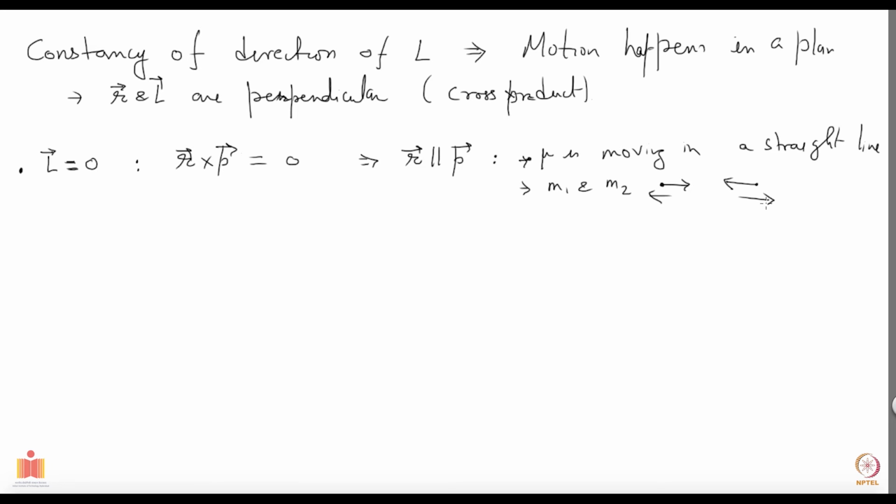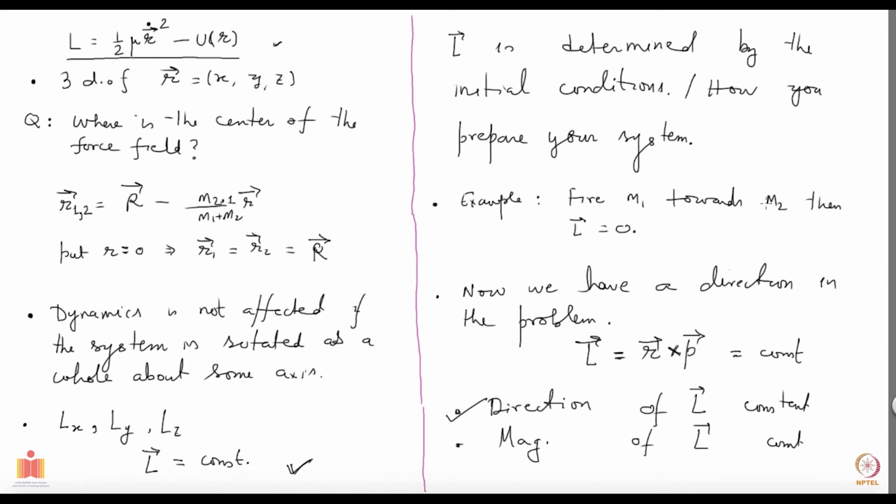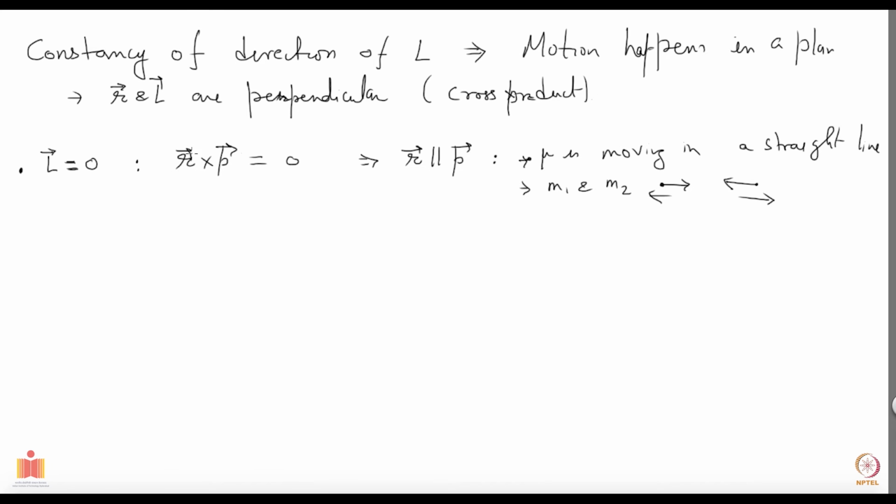So now that I have established that the motion is happening in a plane, I would like to write down my Lagrangian, which was here, using this fact. So let me write down. L is half mu r dot square minus U of r. Now I know the particle is in a plane. I will align my z-axis with the direction of L, and the plane in which the motion is going to happen would be the xy plane.